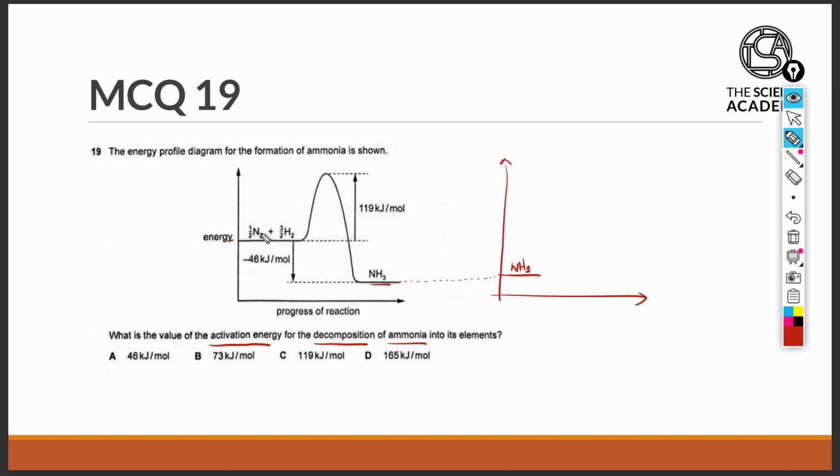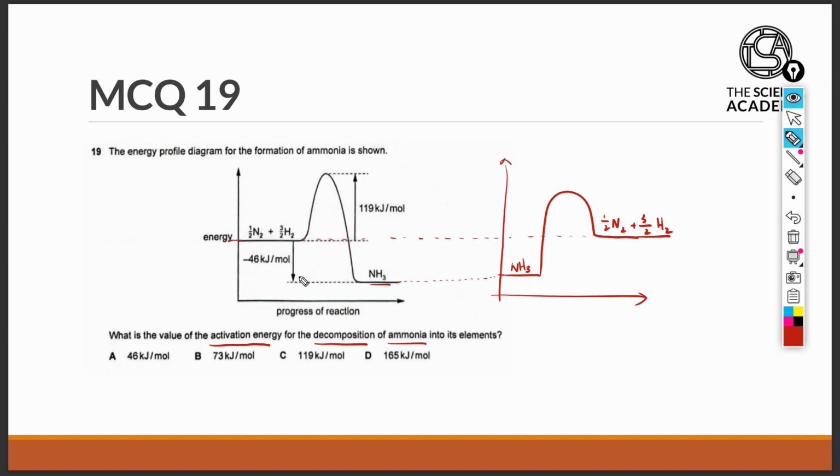So the energy level of these substances again will stay the same in the new energy profile diagram, which is going to be above ammonia here. So I'll copy the reactants and the products over with exactly the same energy level as what the first energy profile diagram has given me.